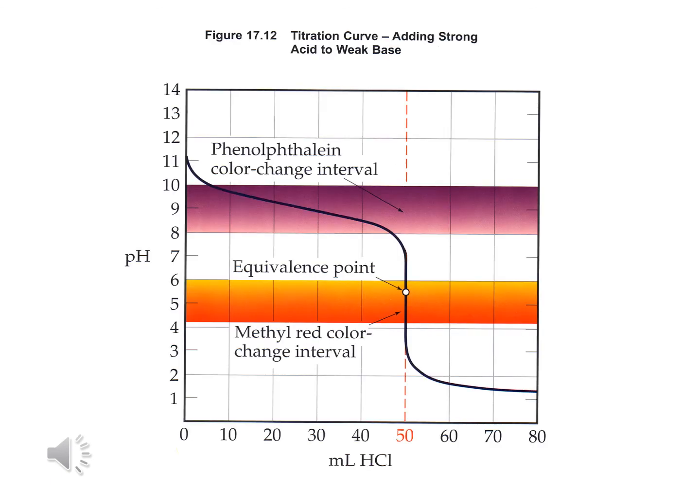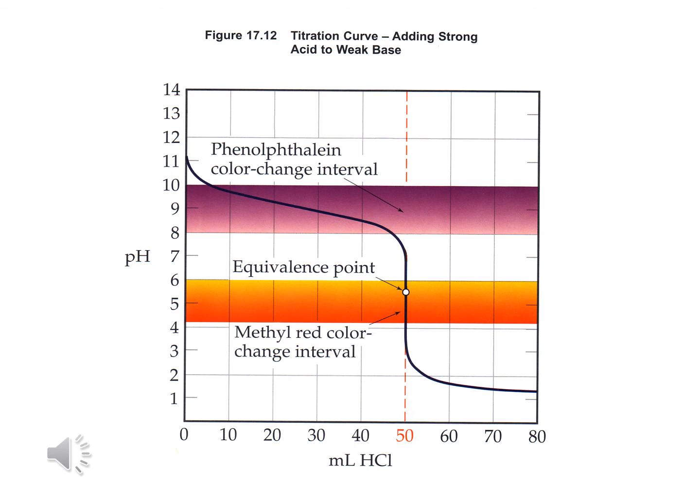So here's an example graph where you're starting at a basic pH. The equivalence point is around 5.5 or so. And so as you go down, when you hit near the equivalence point, the pH of the equivalence point is acidic. In this case, phenolphthalein is not going to work because it changes color very slowly, and the color changes pretty much over by the time you get to the equivalence point.